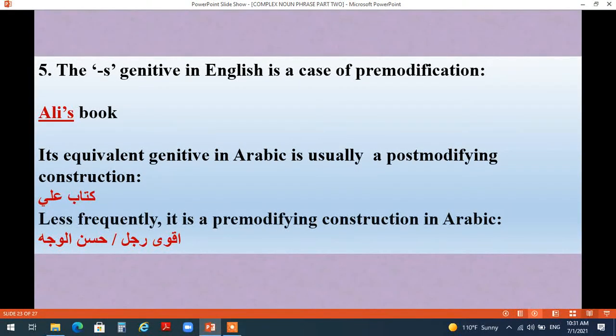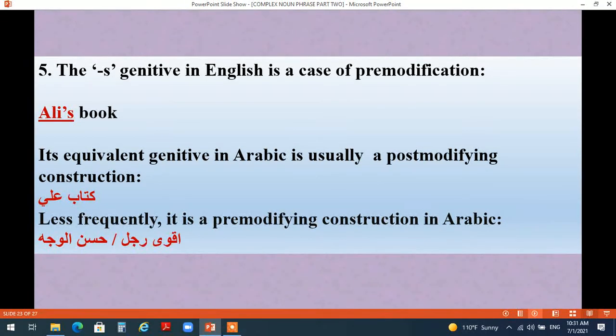إذن تحولت عندي من pre-modification in English into post-modification، لأن هنا صار عندي مضاف ومضاف إليه، والمضاف إليه اللي هو كلمة علي هو اللي يستخدم as a post modifier. فإذا تغيرت عندي الحالة من كونها pre-modification in English into post-modification in Arabic.